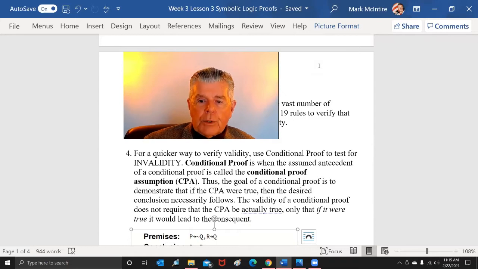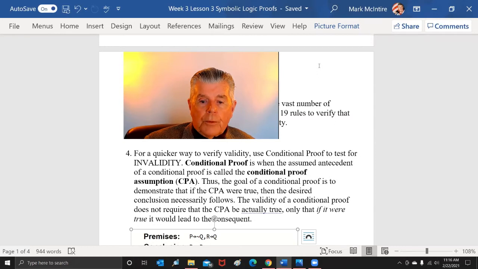The conditional proof is when the antecedent of a conditional, if P then Q, the antecedent being P, is assumed. There's nothing wrong with this. It's sometimes called the conditional proof assumption.